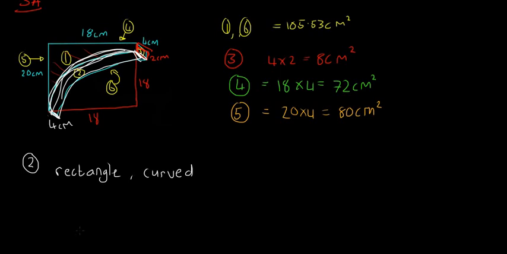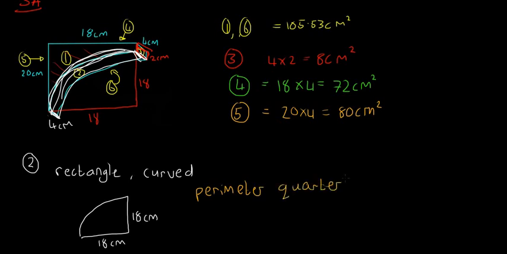So again, I'm going to start by drawing out our semicircle. And we know that this is 18 centimeters and 18 centimeters, that's the radius. So to find the perimeter of a quarter of a circle, I'm just going to draw a picture of a circle because I'm too lazy.